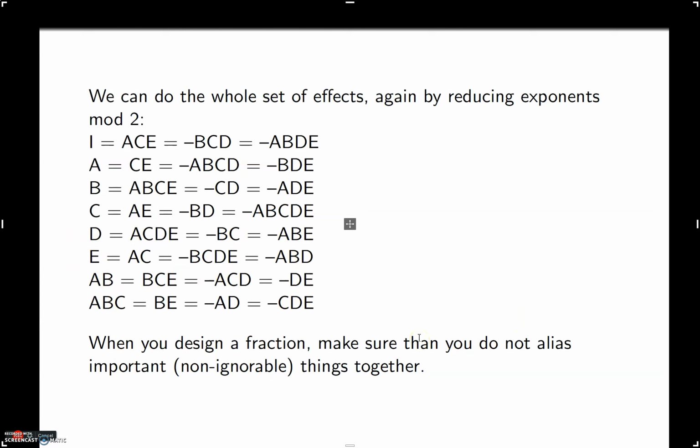When you design a fractional factorial, make sure that you go through each of these because you want to make sure that you do not alias really important effects within your model, or that those important effects are aliased with things that you can reasonably ignore, like A being aliased with CE. Maybe CE is something you can easily ignore. You can't ignore A though. What you don't want to see is things like a main effect being aliased with an important interaction that you know has significant interpretive value in your model.